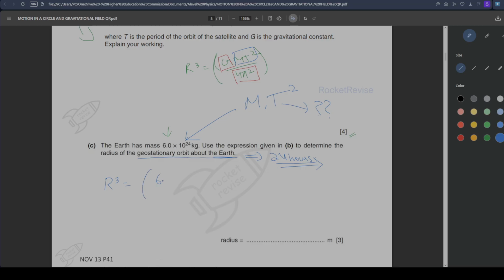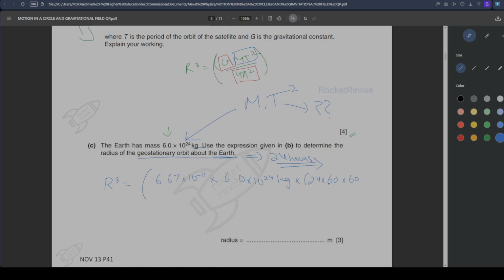It's gonna be 6.67 into 10 power minus 11 times 6.0 into 10 power 24. It's in kgs, so हम directly इसको use कर सकते हैं. 6.0 into 10 power 24 kilograms times T squared. So T is going to be 24 hours in a day into 60 minutes in every hour into 60 seconds in every minute.